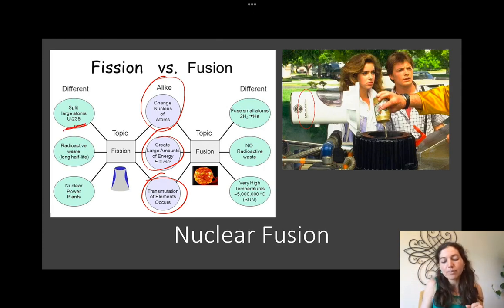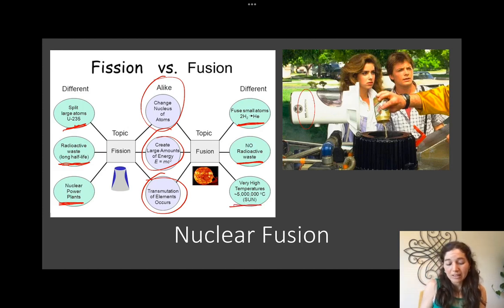Fusion uses small atoms. You have radioactive waste from fission, that has a long half-life. This stuff has to be stored in order for it to be safe, whereas fusion, you have little to no radioactive waste.